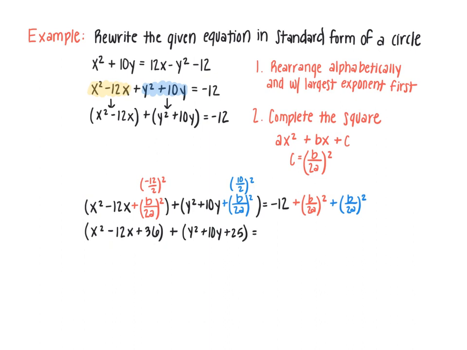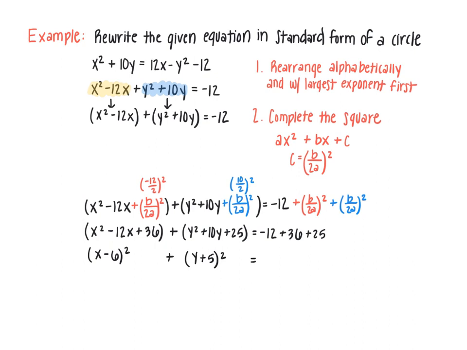And remember, in the math world, if we ever do something to the left-hand side of the equation, we have to do it to the right. So the right-hand side would become negative 12 plus 36 plus 25. So if I factor my x polynomial, I should get x minus 6 squared. And if I factor my y polynomial, I should get y plus 5 squared.